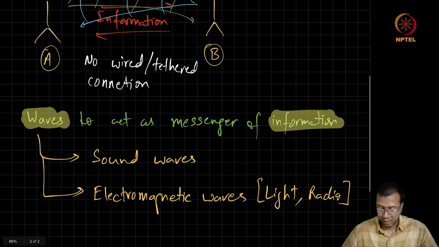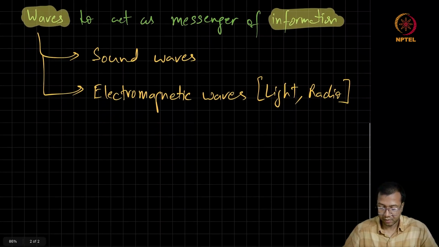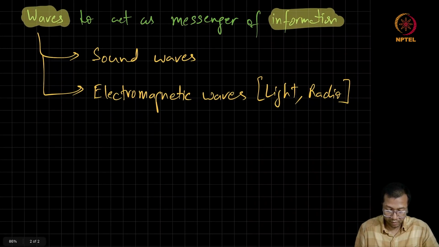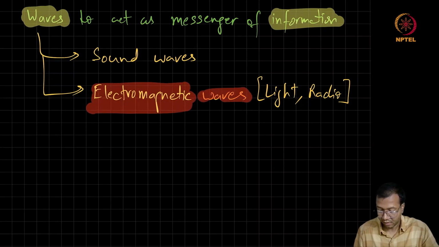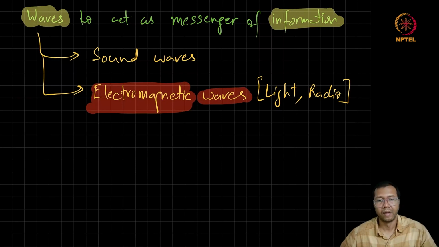So this course is going to mainly focus on how to utilize electromagnetic waves for exchanging information between two points in a wireless manner.